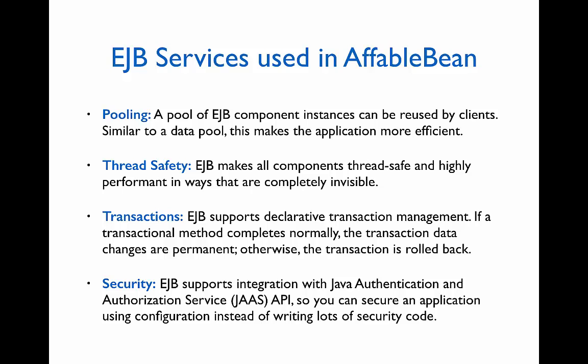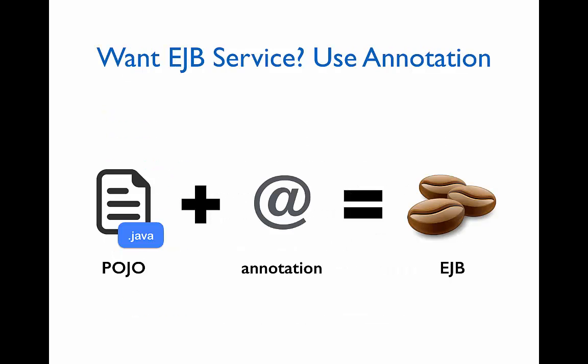Finally, security is an essential part of the application. EJB allows you to configure your security settings the way you like, and the framework takes care of the details. To recap, Enterprise Java Beans are plain old Java objects that you can add special services to by using annotations.